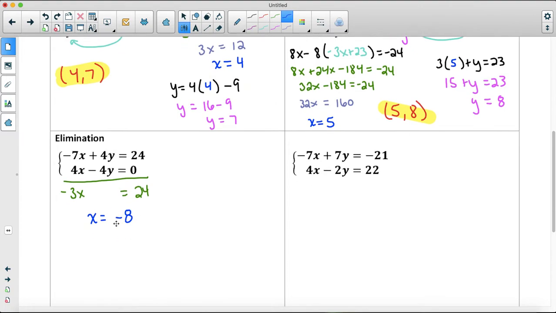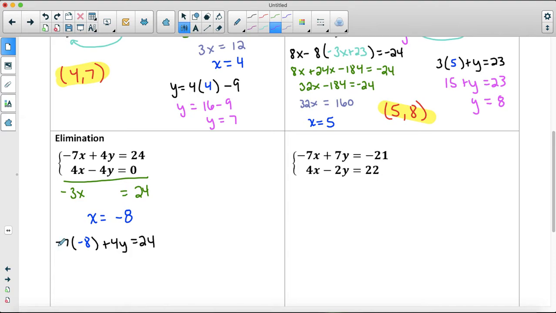Now that we have the x, we can substitute this x value into one of the original equations to solve for y. And again, it just is based off of what multiplication you'd like to do. I will plug it into my top one, so I'll have negative 7 times that negative 8, because that was the x, plus 4y equals 24.